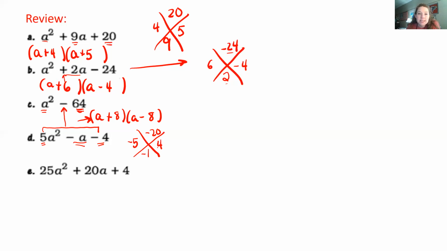Negative 5 plus positive 4 is negative 1, and negative 5 times positive 4 is negative 20. So we're going to rewrite this. We're going to bring down the first term. We're going to make the second term minus 5a. The third term plus 4a, and then we bring down the last term, minus 4.